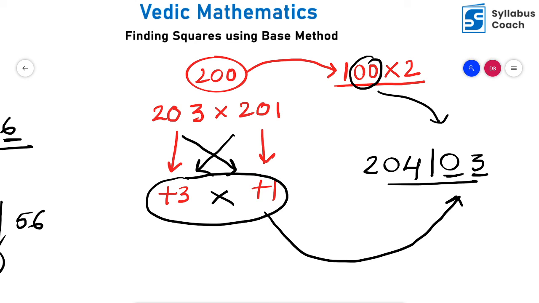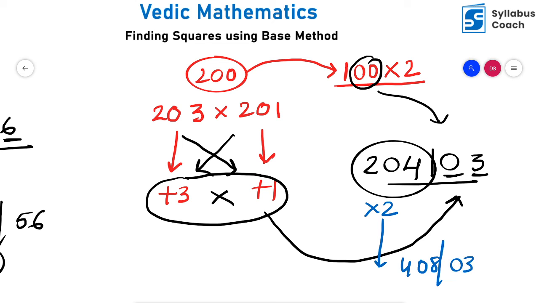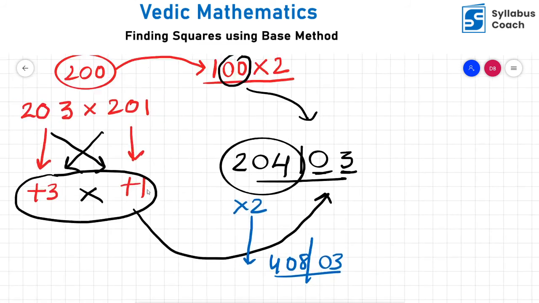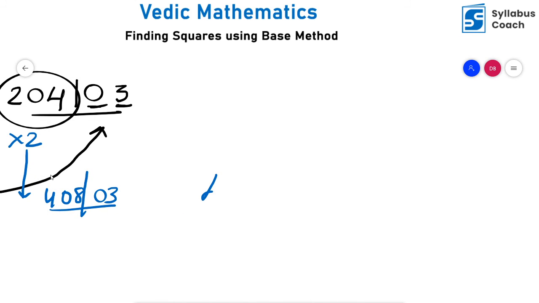So we are multiplying the base by 2. Therefore, the answer on the left hand side needs to be multiplied by 2. So this becomes 408, and it is 03. Therefore, the answer to this question is nothing but 40803. Hope all of you are clear with this concept, students.